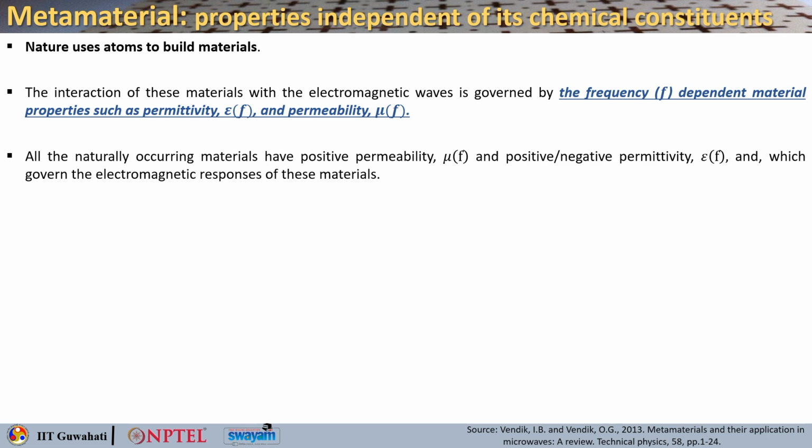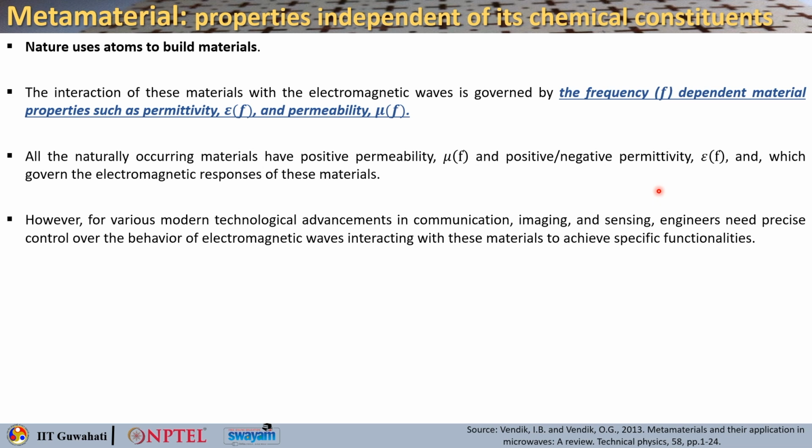All the naturally occurring materials have positive permeability and positive or negative permittivity, like metals have negative permittivity, right. And these are the properties that govern the electromagnetic responses of these materials.